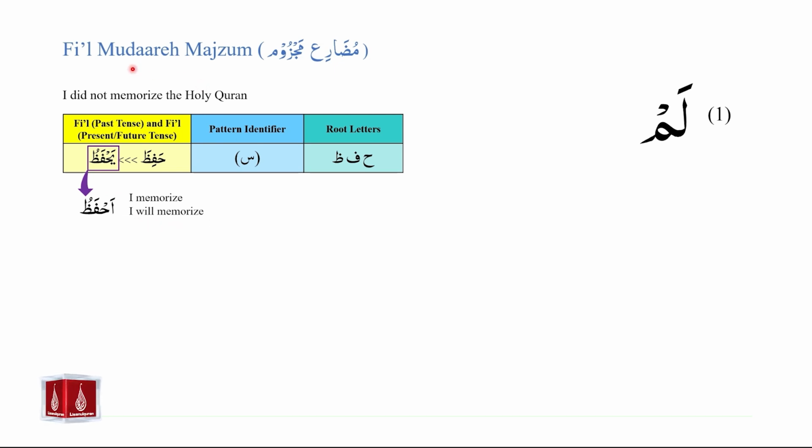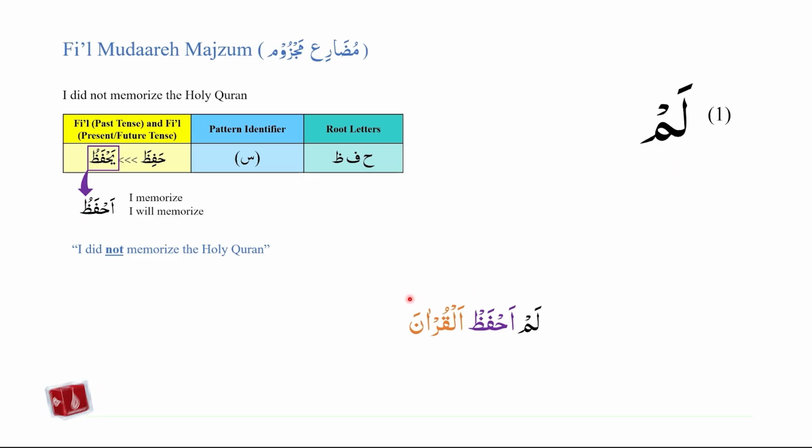But here we want to say I did not memorize the Holy Quran. So in order to create this negation and association with the past tense, we will need to use lam, and we will have the following result: lam ahfaz al-Qur'ana. Let us study this in more detail.